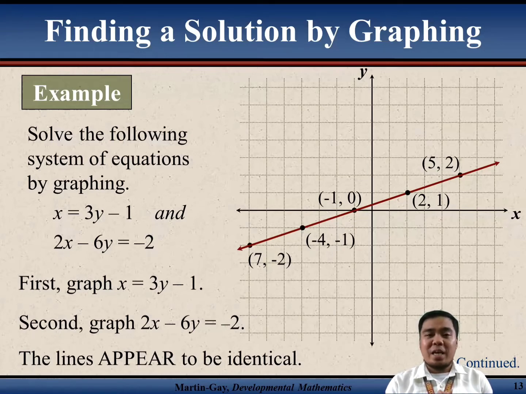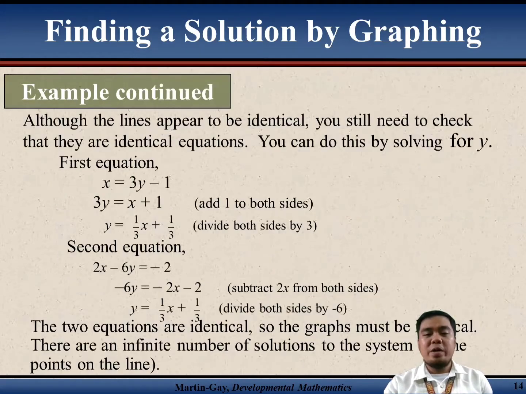So we will conclude that the graph of the first equation and the graph of the second equation are just the same, or the points or ordered pairs are the same. Therefore, we consider that they have an infinite number of solutions.